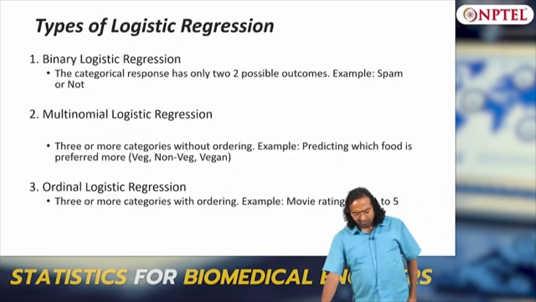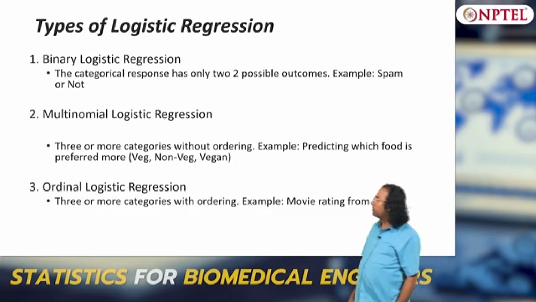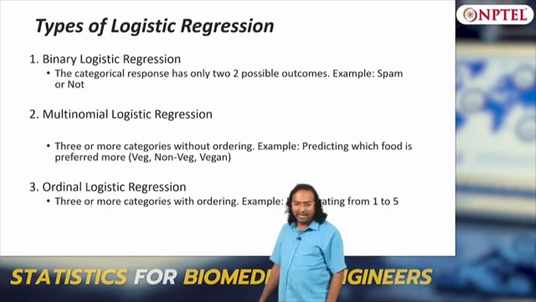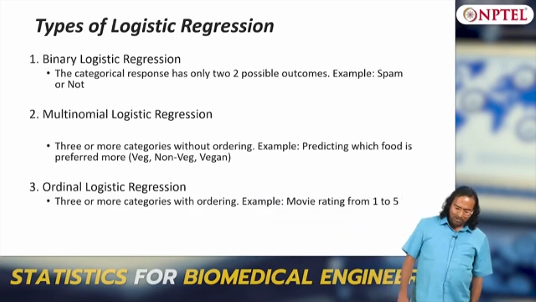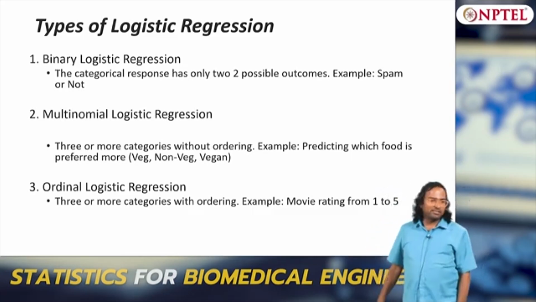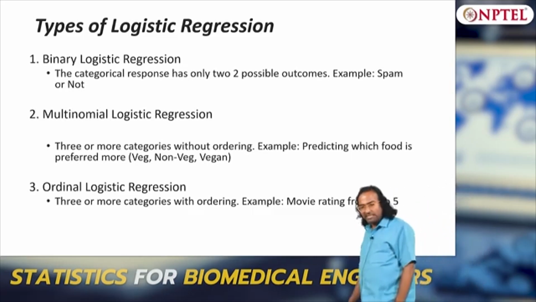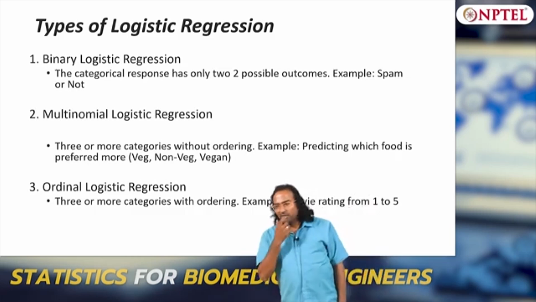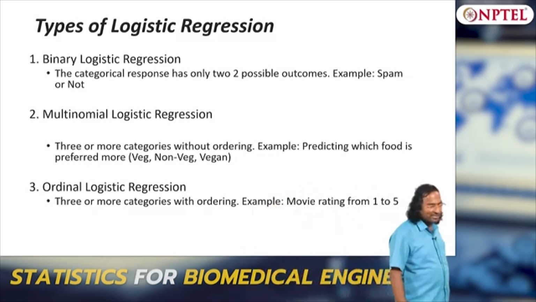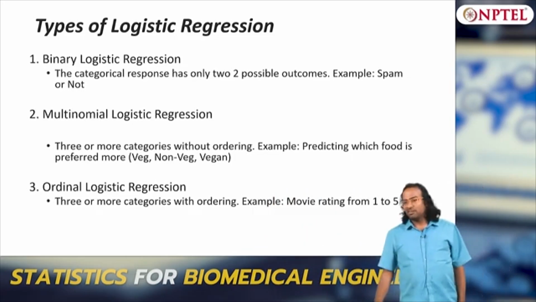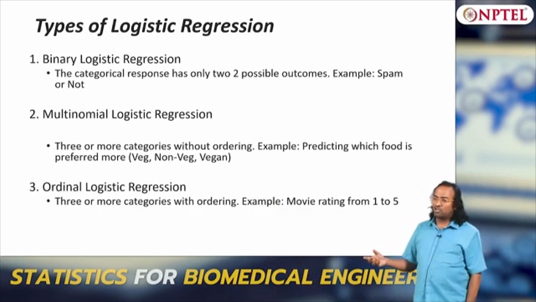There are three different types of logistic regression: binary, which is what we will begin with, multinomial, which has 3 or more categories, like vegetarian, non-vegetarian, vegan, and ordinal logistic regression. This is your Netflix or Amazon Prime 1 star, 2 star ratings.